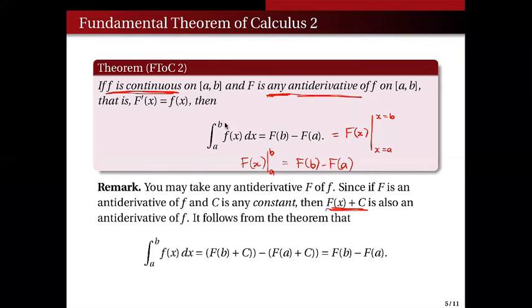So if you do that in here, you have the integral of f of x from a to b dx. This is the integral from a to b of capital F prime of x dx. And according to the fundamental theorem, this is just F of b minus F of a.